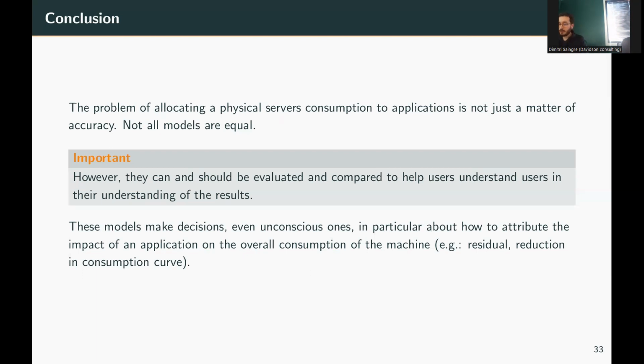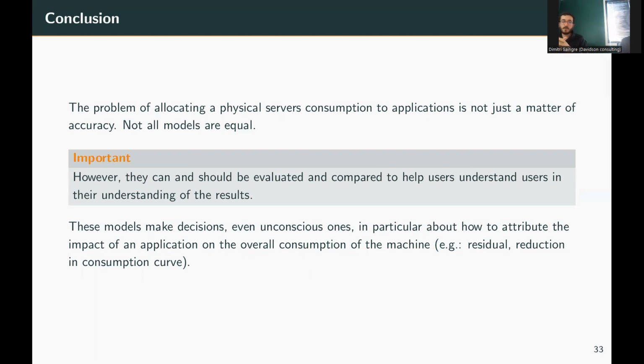It's not just about the frequency of acquiring the measurement. It's not just about having a complex model based on performance counters. There are a lot of different results here. That's important to know. Those models can be different.